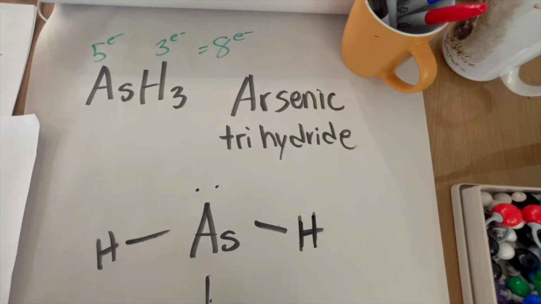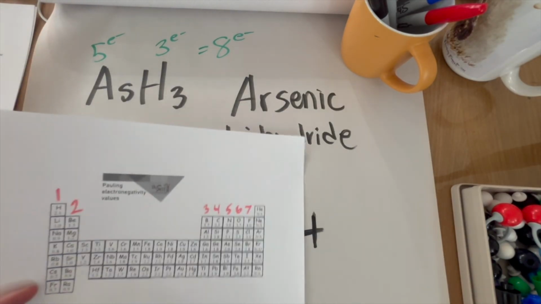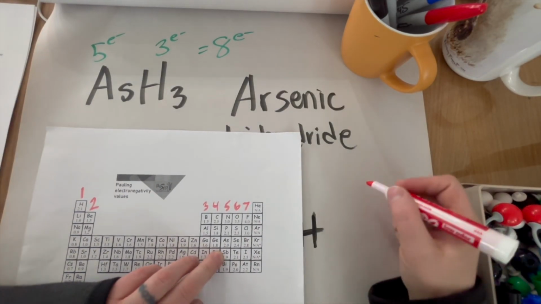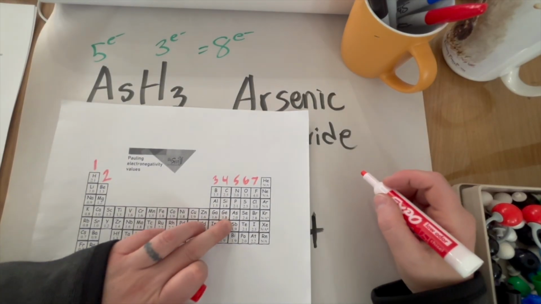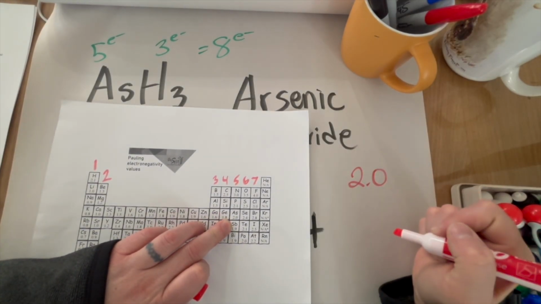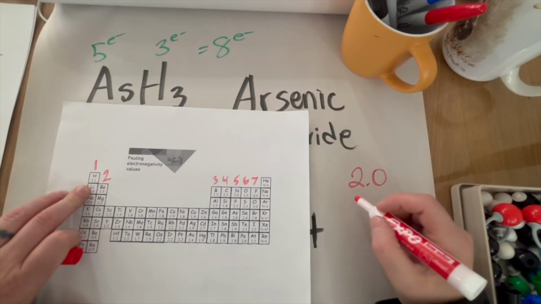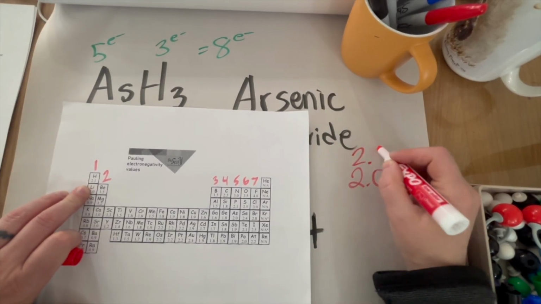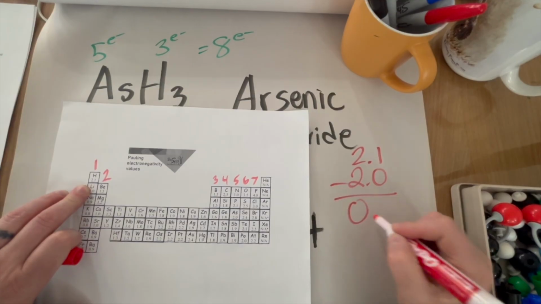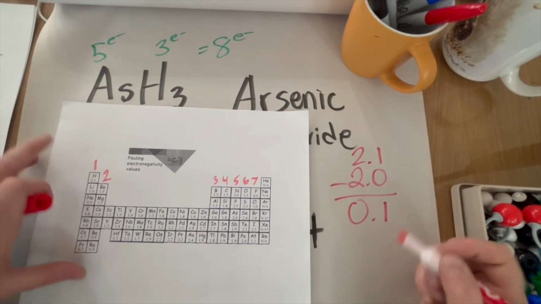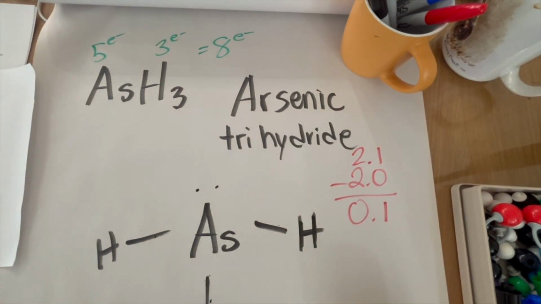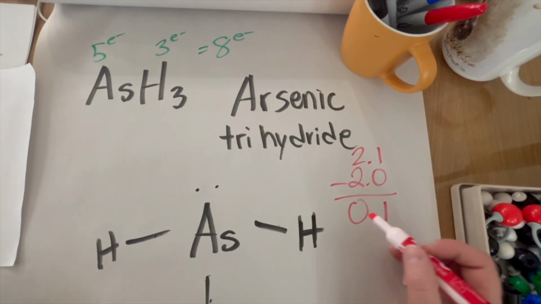Okay, so let's find out what kind of bonds these are. We are dealing with arsenic, which has an electronegativity of 2.0, and hydrogen has an electronegativity of 2.1. So we have a difference of 0.1 for our bonds.